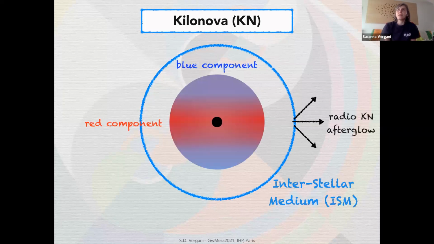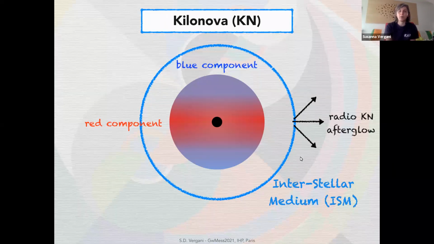So then we have another electromagnetic part that we can detect linked to the kilonova, which is due to the shock of the kilonova, of the merger ejecta, with the interstellar medium, okay? This is what can be called the kilonova afterglow, and it is supposed to be detected in the radio, but also probably at other frequencies.